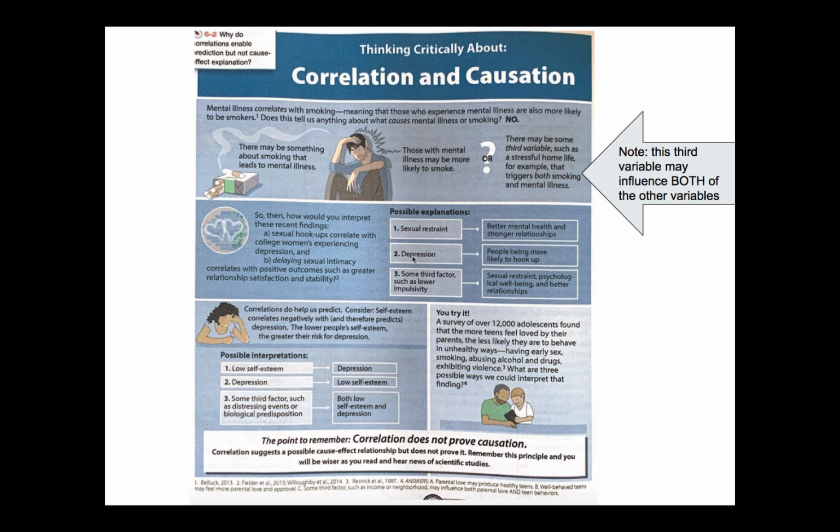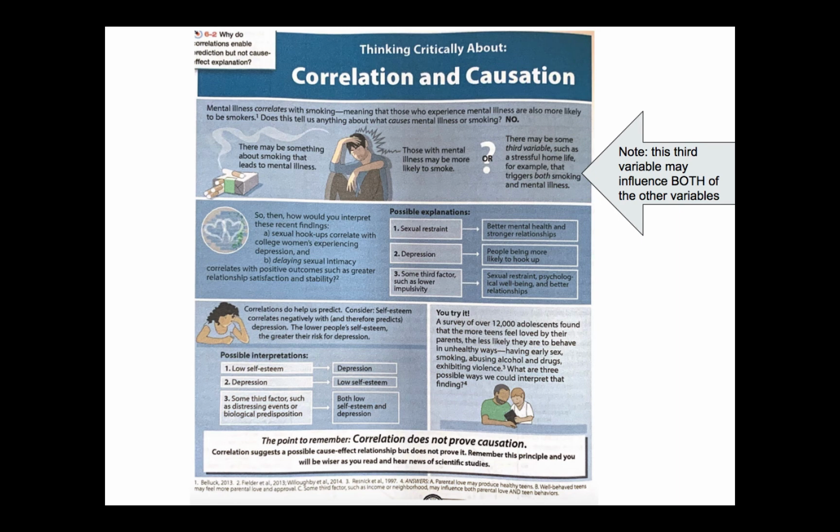But then we've got this third factor, which is people who have lower impulsivity, or in other words, they're better able to delay gratification, which is going to show itself as being able to exhibit sexual restraint. But that ability to delay gratification and be less impulsive is also related more generally to psychological well-being and being able to maintain better relationships.